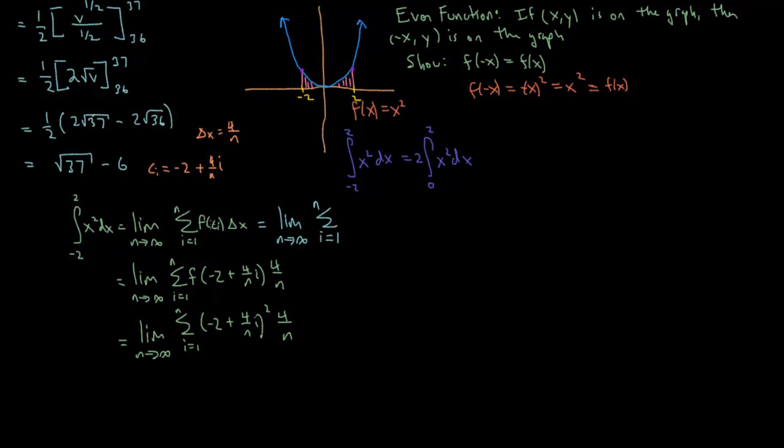Okay, so what if we notice this is an even function? We could say, okay, forget about c sub i equaling this. Let's integrate from 0 to 2. In fact, let me put that here. We could say this is instead equal to 2 times the integral from 0 to 2 of x squared dx. Which now, look at this sum.